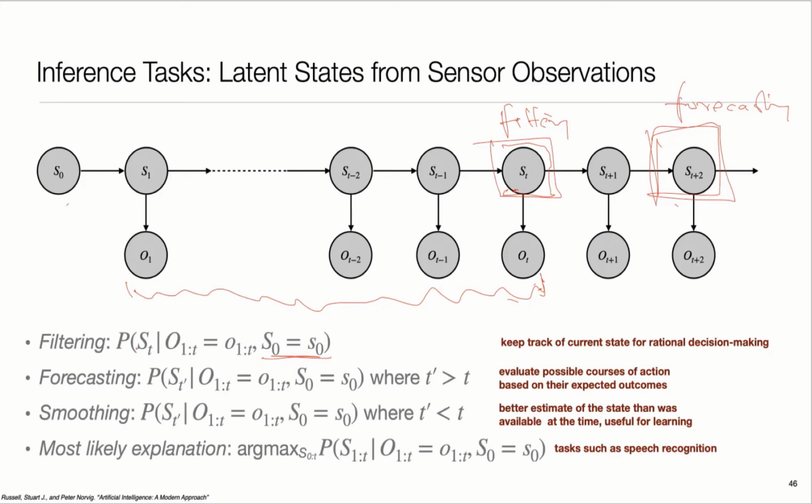Now, smoothing. The issue with filtering alone is that I'm only depending upon past observations, or current and past observations. But I'm sure you would intuitively agree that my next observation is also telling me something about this.